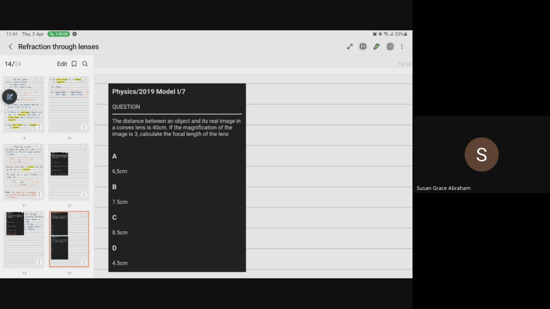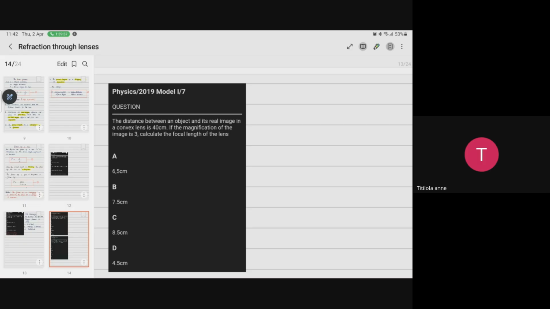7.5. Good. So how did you get 7.5? Yeah, let me now explain. So, we have the magnification formula. That's m is equal to image distance over object distance.